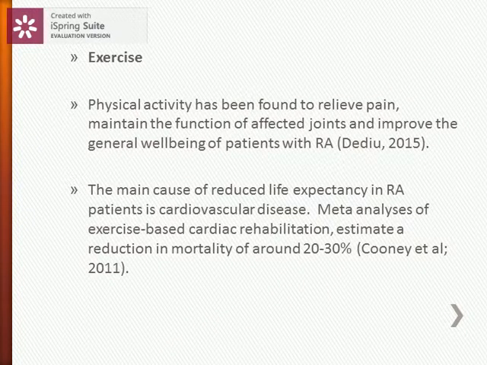Physical activity has been found to relieve pain, maintain the function of affected joints, and improve general well-being of patients with RA. The main cause of reduced life expectancy in RA patients is cardiovascular disease. Meta-analyses of exercise-based cardiac rehabilitation estimate a reduction in mortality of around 20 to 30%.